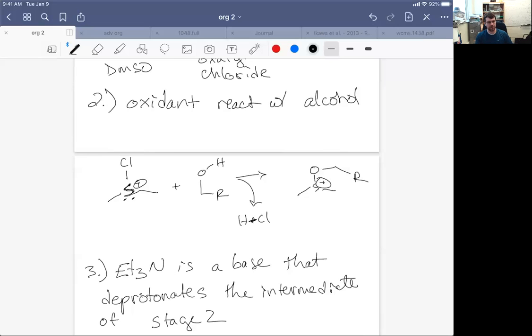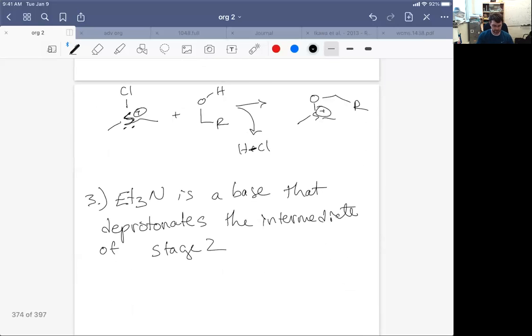So the stage 2 intermediate is that thing we just drew. I'll draw it the same way. There's that intermediate from stage 2. We're going to let that react with triethylamine. I'm not using curly arrows, I'm just showing overall reactions to finally give rise to our carbonyl.